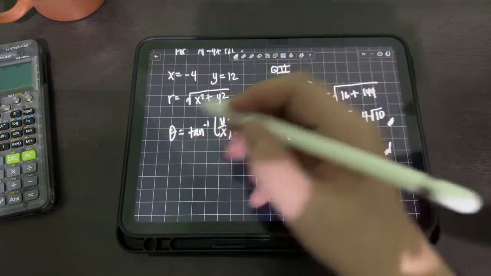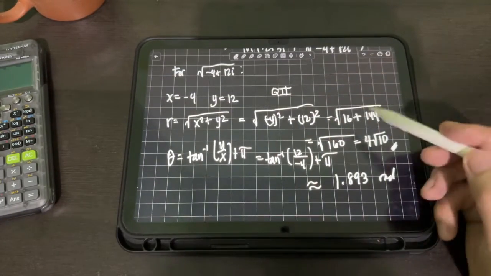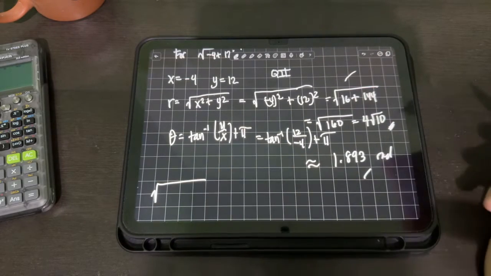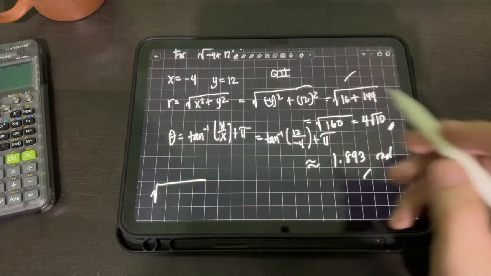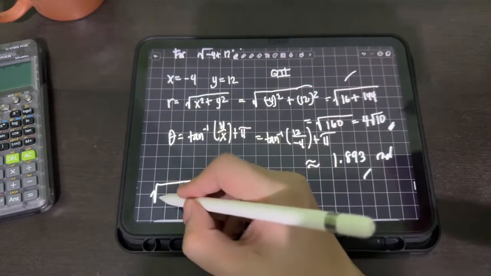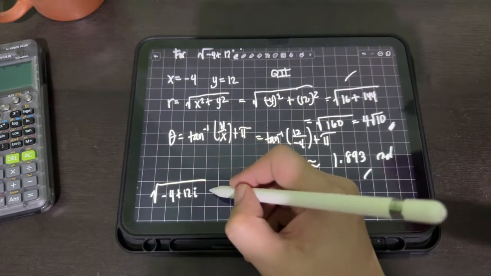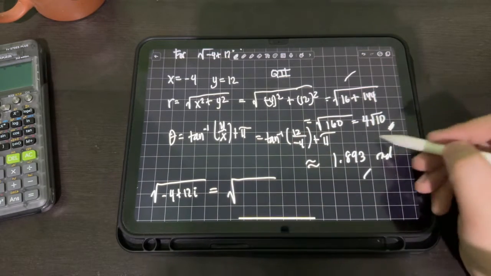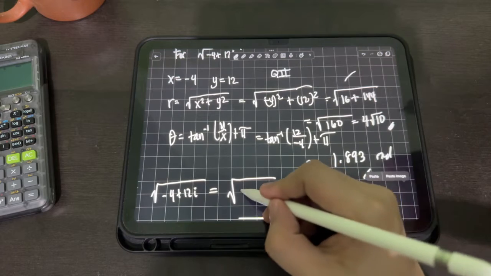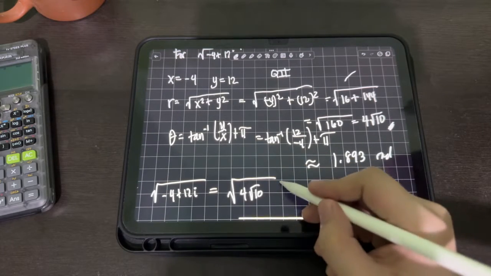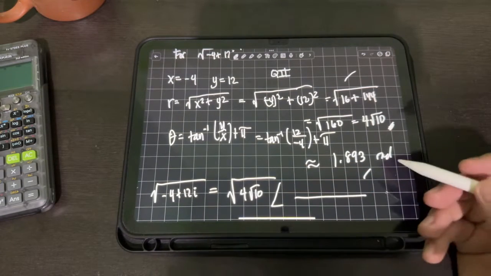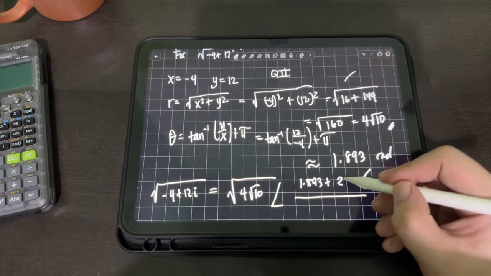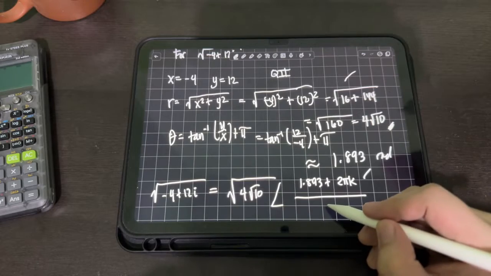Now that we have the modulus and theta, we can apply De Moivre's theorem for roots of complex numbers. Therefore, the square root of negative 4 plus 12i is equal to the square root of the modulus r, which is 4 square root of 10, angle of theta, the argument 1.893 plus 2 pi k, over n.